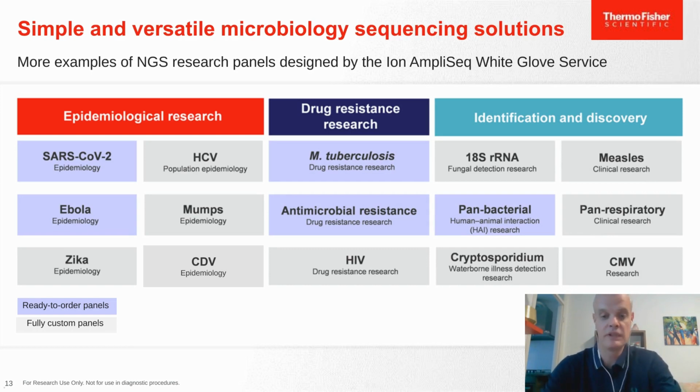For all of this, we have ready-to-use panels, highlighted here in light purple, and also fully custom solutions that were created for these or other customers for other species. I'm naming here HCV, mumps, which was the example before, Zika, HIV full genome or drug resistance, CMV, and so on and so forth. So just to give you an idea, this is an approach that can be used to address these questions in your research studies.